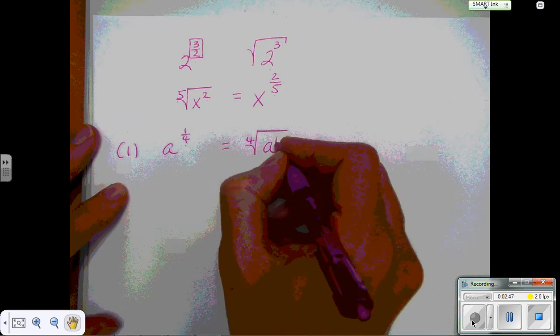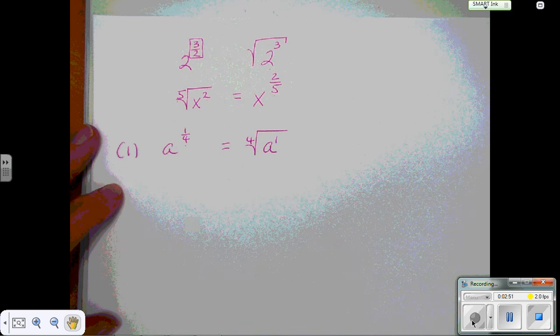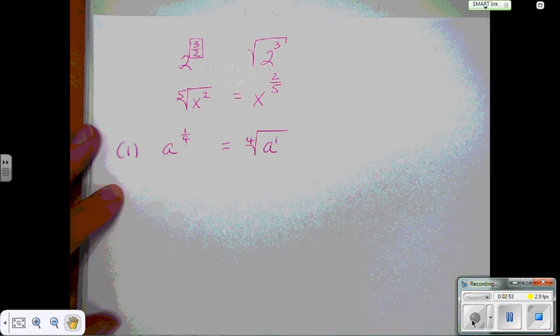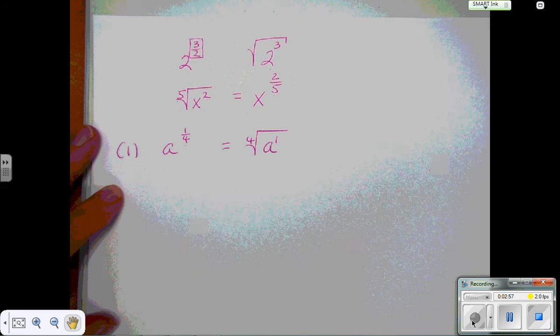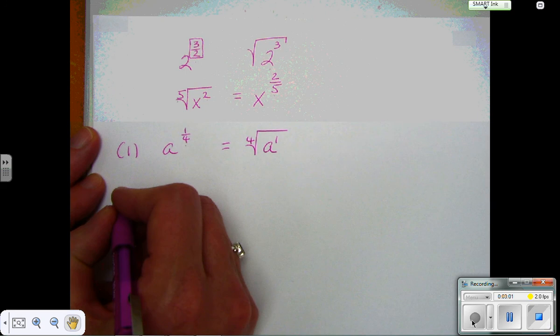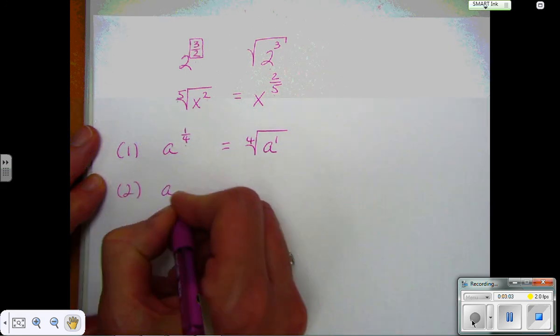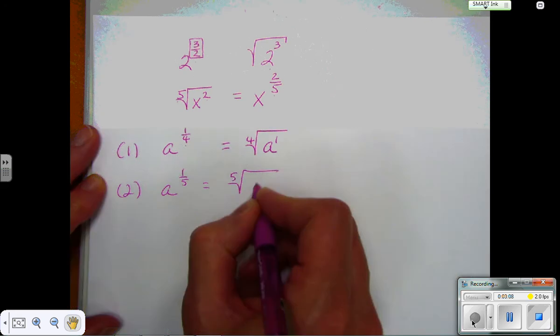And you don't have to put the 1 there, it's just a to the first power. I'm just trying to make a point that the numerator is the exponent, it's the power, and the denominator is your index for your root. So on number 2, a to the 1/5, it's the 5th root of a to the first power.